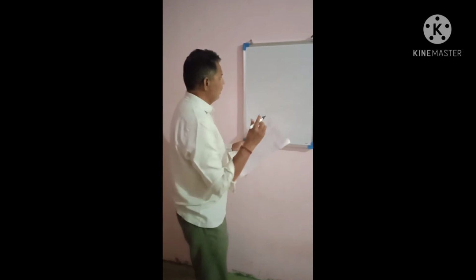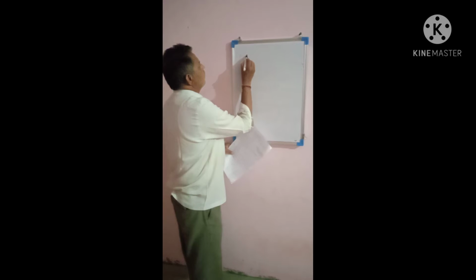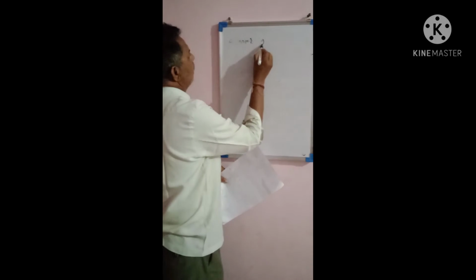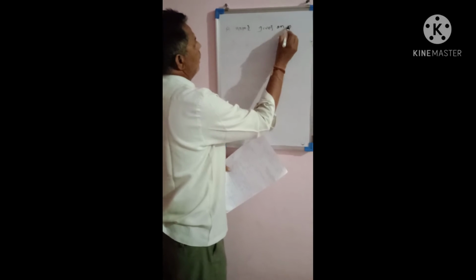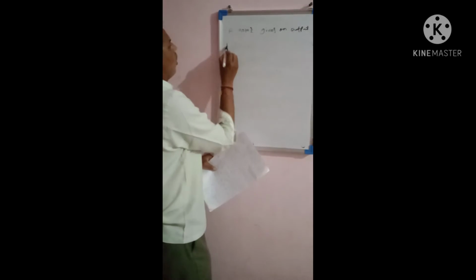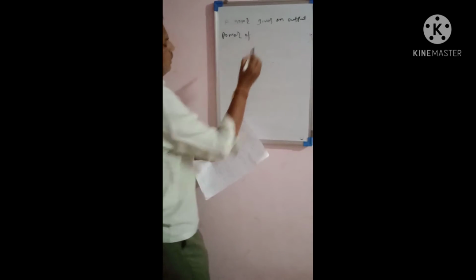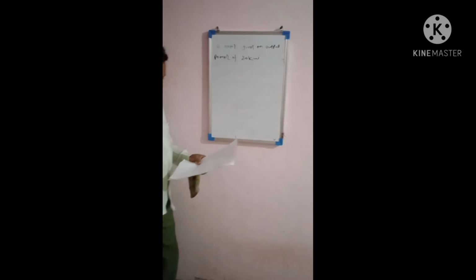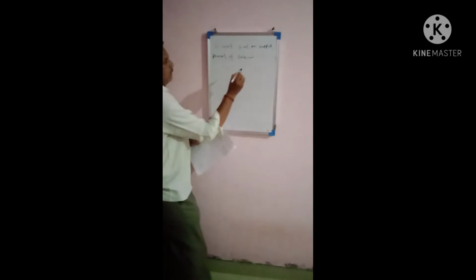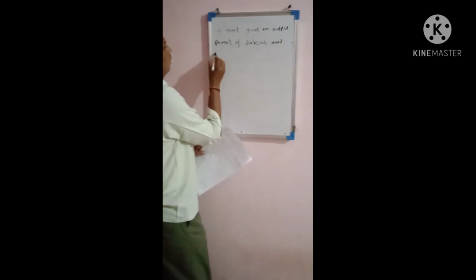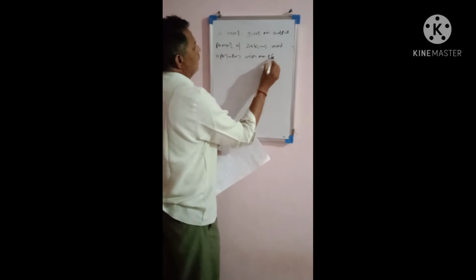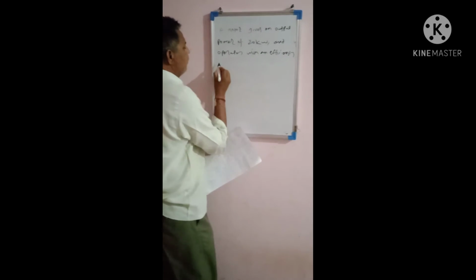Now we consider one example. An electric motor gives an output power of 20 kilowatt and operates with an efficiency of 80%.